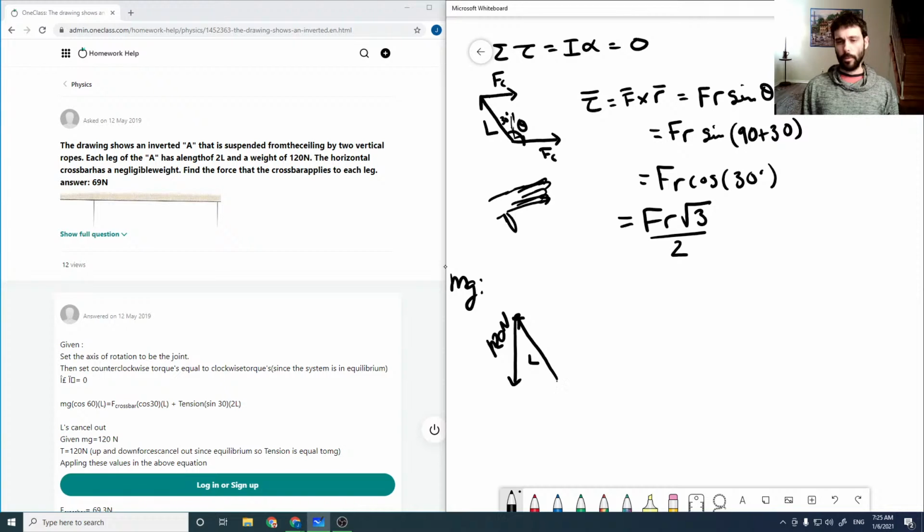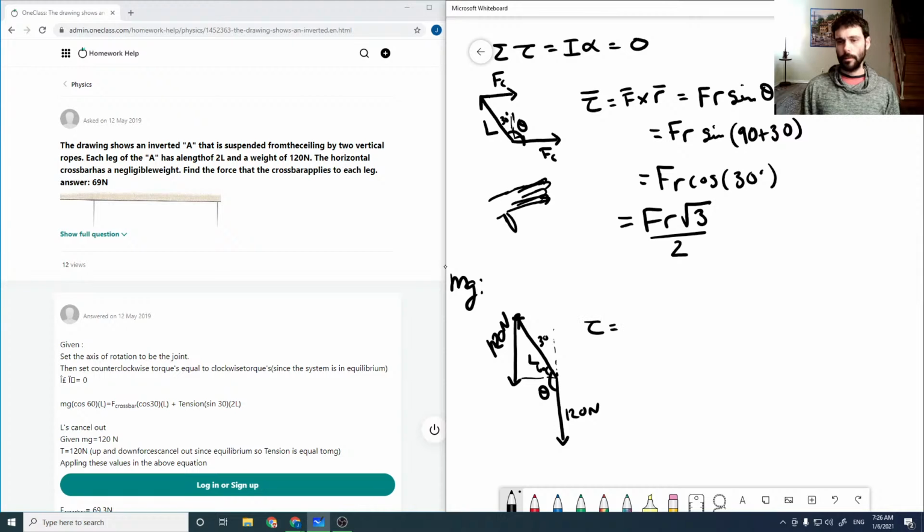And again, we're going to put it tail to tail, and it's this angle in here that we need. Again, it bisects the angle, so that would be 30. In here would be 60. And so this angle is 60 plus 90.